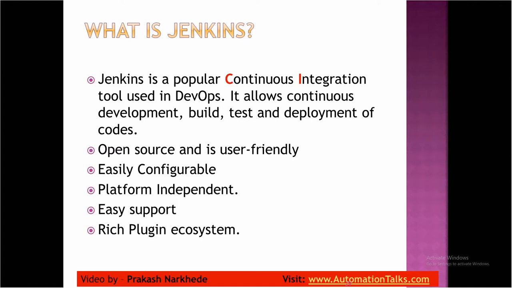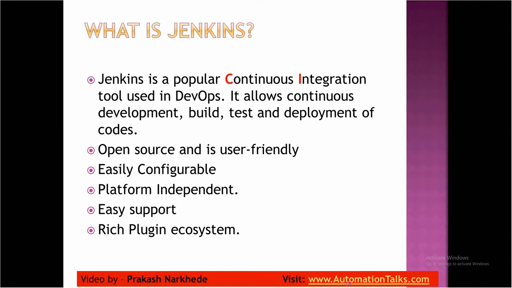You can do almost all things with the help of Jenkins. Of course, you need to install separate plugins for that, but that is within Jenkins itself. If you go to Jenkins install plugin, you can find a number of plugins which can make your day-to-day life much easier.